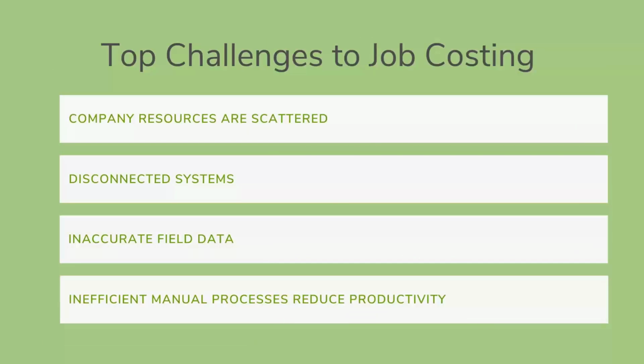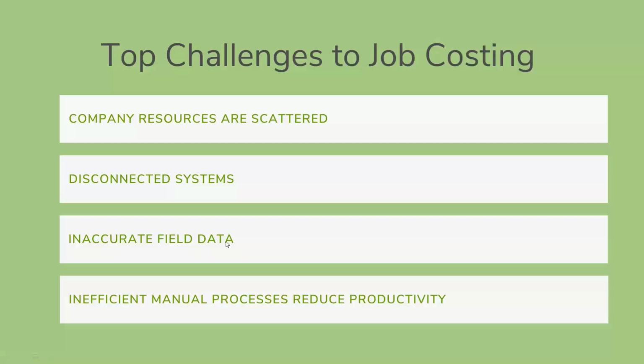So the challenges, of course, that kind of lead into these 5 ways that we can help improve are, of course, your resources are scattered. As a construction company, you've got a lot of people, you've got a lot of tools, assets, equipment. You've got many resources that are disconnected and spread throughout your different projects and job sites.